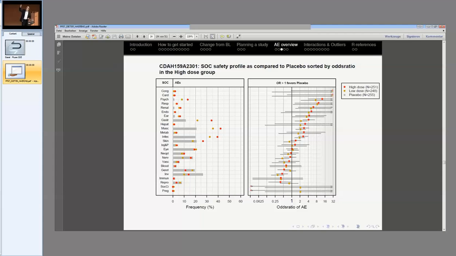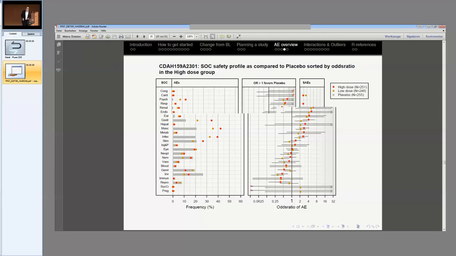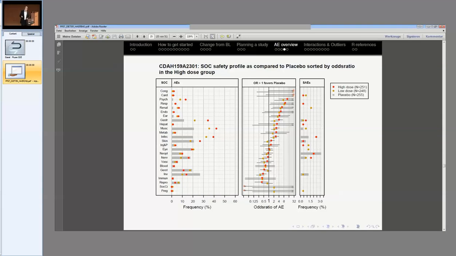So it tends to go to infinity, and I indicated that by this arrow that goes outside the plotting region. And possibly now we can add a third panel here to also indicate the seriousness, and you can see now in the third panel the frequency of serious events within this plot.